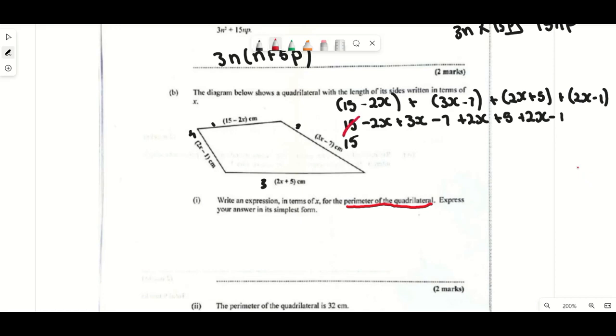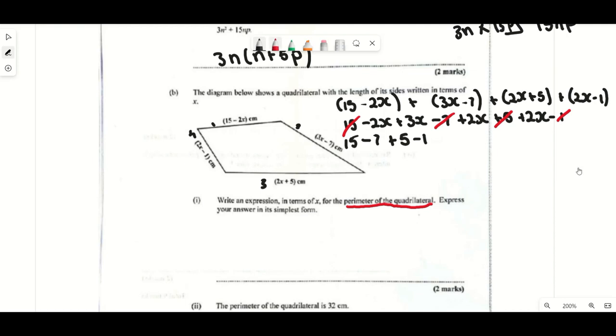Then you look down the line, you see there's negative 7, so you cross it out and put negative 7. Then the next one is plus 5, so you cross it out and put plus 5. Then you cross out negative 1, and you put minus 1. Then we have used all the numbers that are by themselves.